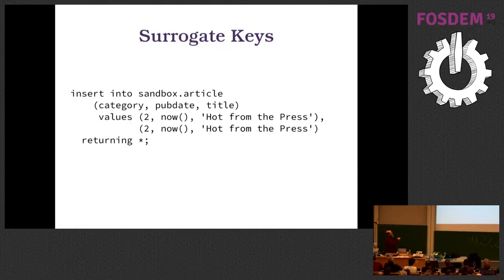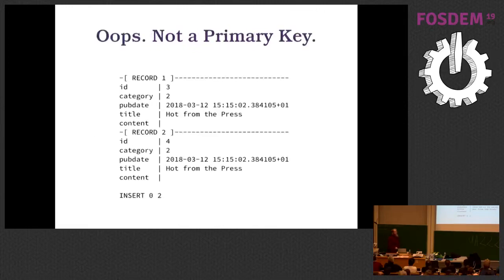So we insert category, pub date, title, and do you realize that it's exactly the same values we're inserting? Look at that. Do we have a primary key really? Because the fact that this entry is ID 3 and this entry ID 4, no single user of your application cares, right?